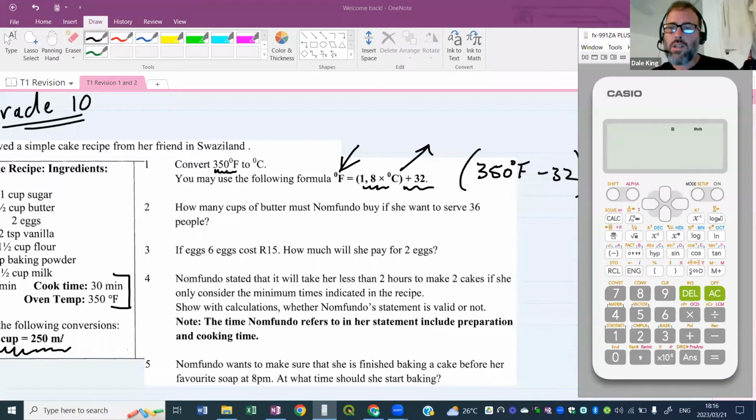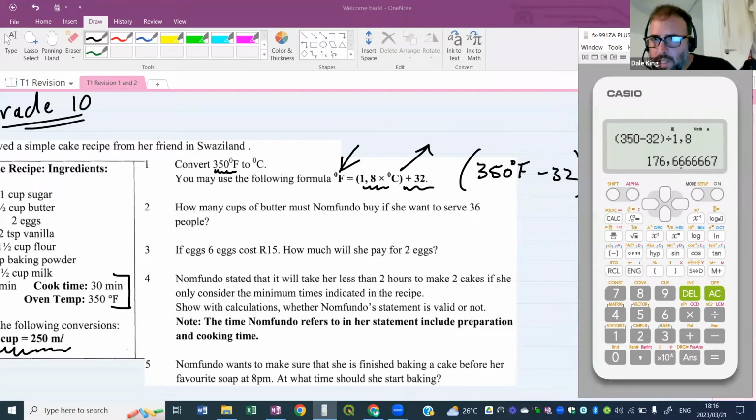Okay, let's see how it looks. So we're going to have 350, and I've already forgotten the brackets. Let's put them in. So 350, subtract 32, close the bracket, do that first, and then divide by 1,8. Okay. And that gives us 176,66667.